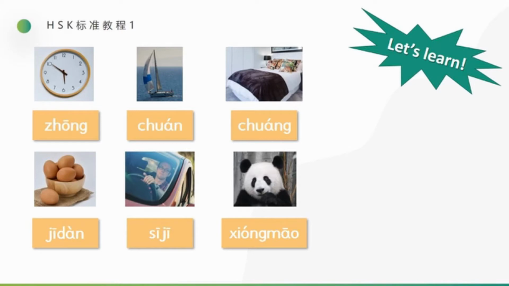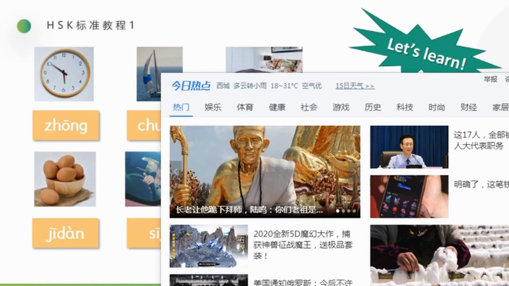We can say very good. 开车, 司机开车, 对吧？司机开车。这个是熊猫。熊猫 is a very lovely animal in China.